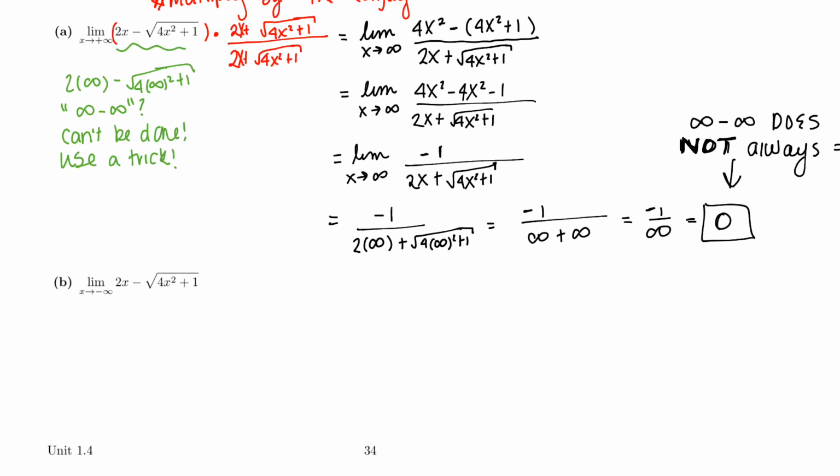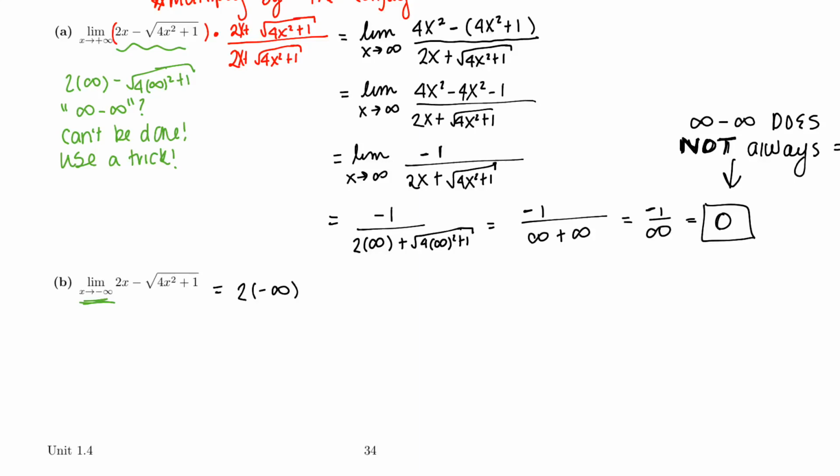Now, let's not even think about the trick here. We started here by plugging in, but we got infinity minus infinity, and then we did a trick. But if we start this one going to negative infinity instead, let's just try plugging in the negative infinities.